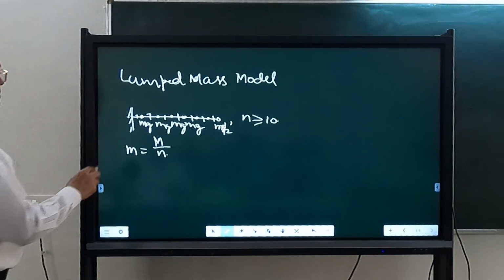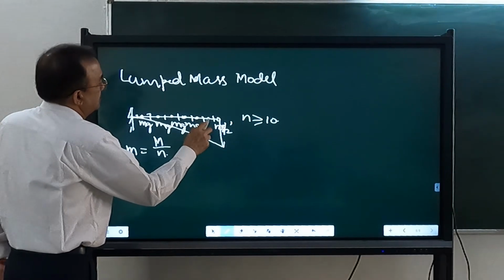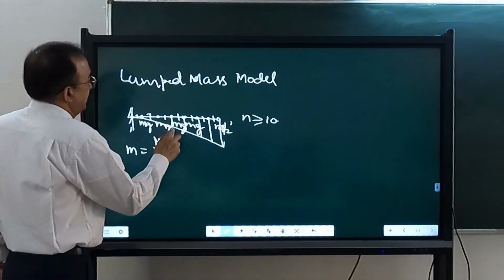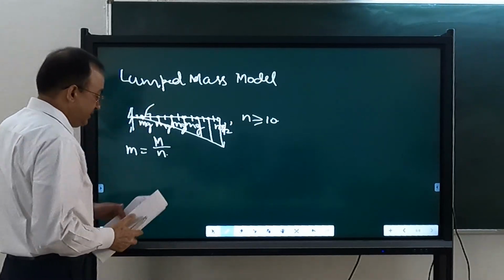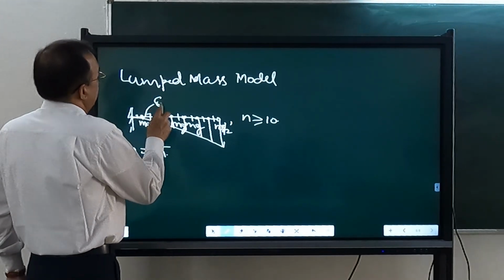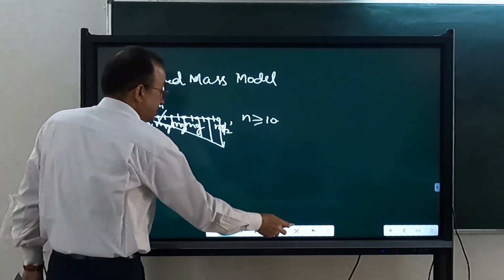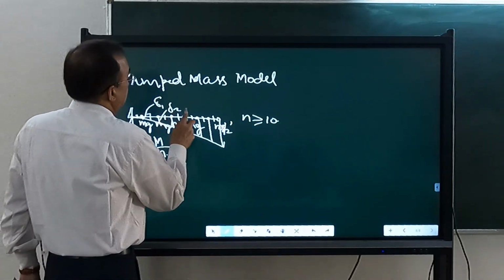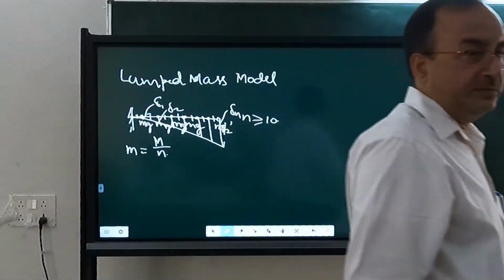Can you calculate the deformation here? Delta 1, delta 2, delta 3, etc. Or psi 1, psi 2, psi 3, etc. Let me call it delta 1, delta 2, up to delta n. Can you find out?